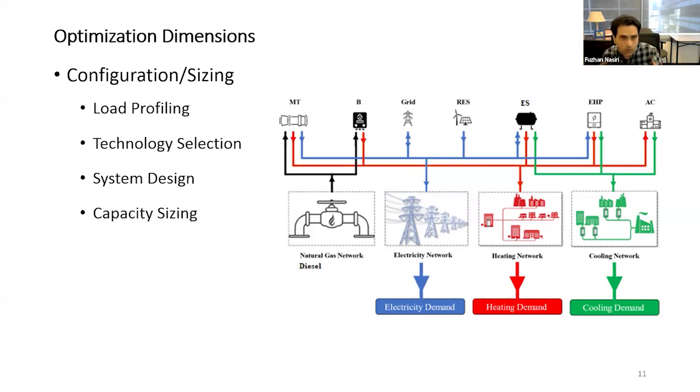And with that, once this is done, you have the optimal solution, where you're trying to minimize cost, most of the time whole life cost, and minimize shortages or loss of power. You're going to end up with a set of technologies from renewables, fossil fuels, energy storage, and some sort of configuration for the distribution of electricity, heat, and cooling, responding to heating and cooling demand.